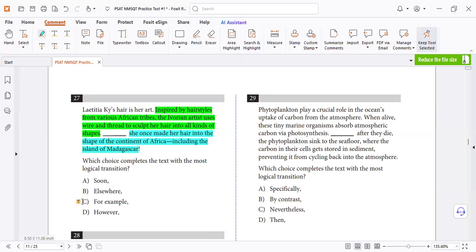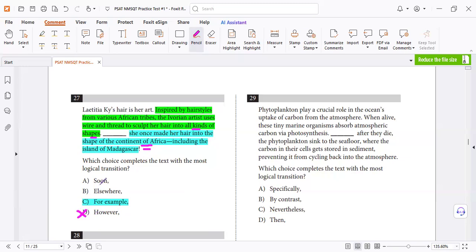Contrast, no, it's an example. Let's read. The artist uses wire thread to sculpt her hair into all kinds of shapes. And then explain. She once in the past made her hair into the shape of the continent of Africa. So we'll give you an example of the shapes. So there is no contrast, so letter D is wrong.